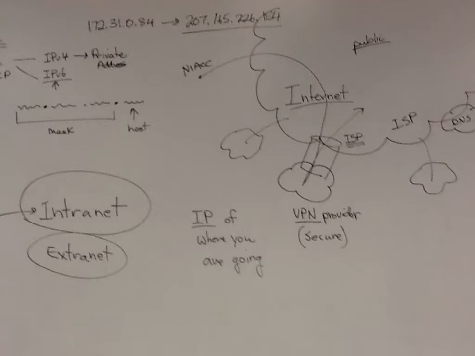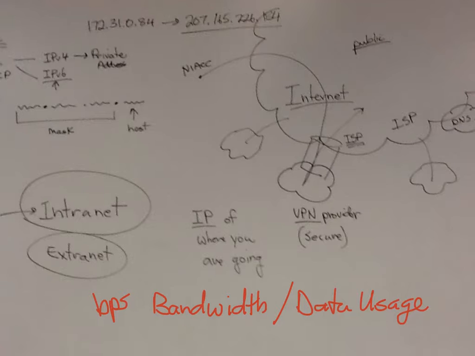We talked a little bit more about bandwidth and data usage. You need to be able to distinguish them. Bandwidth is bits per second; data usage is how many bytes.